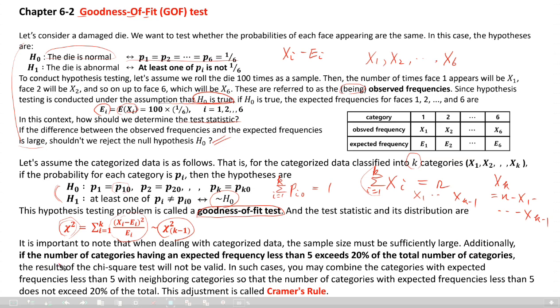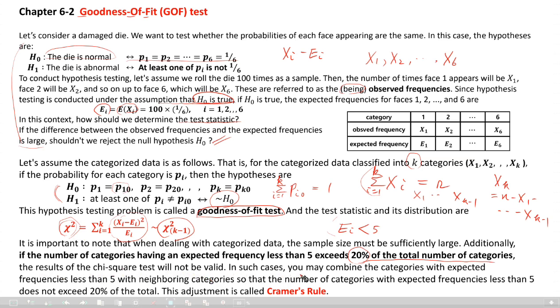Additionally, if the number of categories having an expected frequency Ei less than 5 exceeds 20% of the total number of categories, then the result of this chi-square test will not be valid.